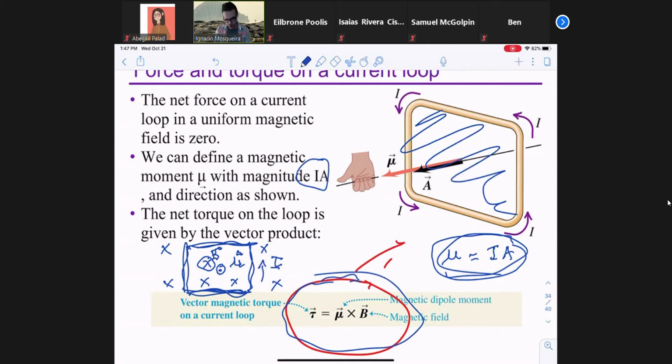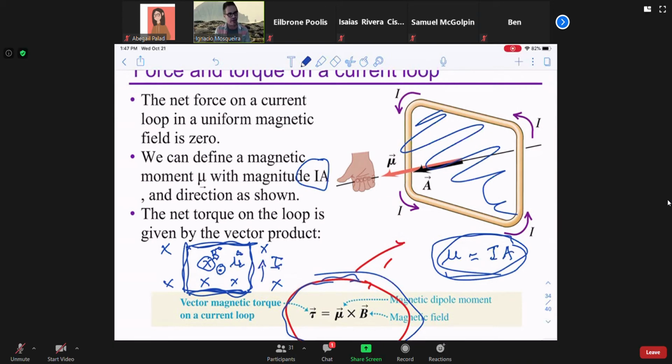What does the cross product mean? It means the sine of the angle in between the mu and the B. What is the angle? Believe it or not, it makes it go a little faster to do it this way. We're going to do the forces in a second, just to make sure we understand what we're saying. But right here, this says that the torque is 0, because in this case, for the one I picked, the magnetic moment mu and the B are anti-aligned.